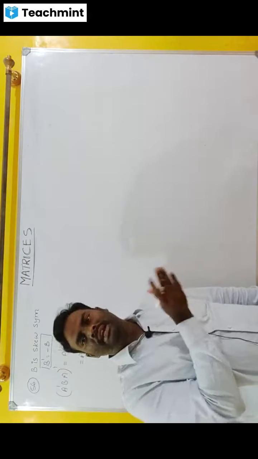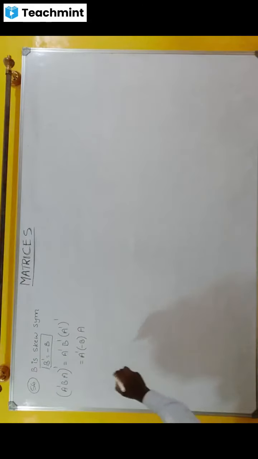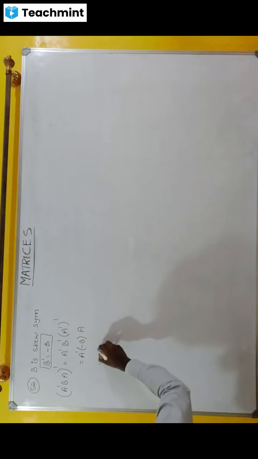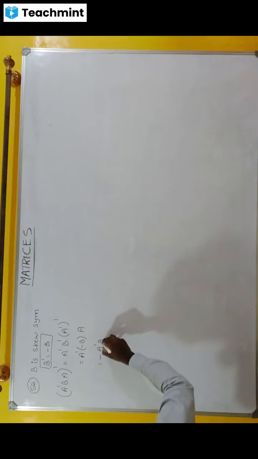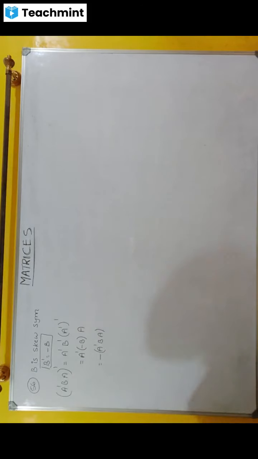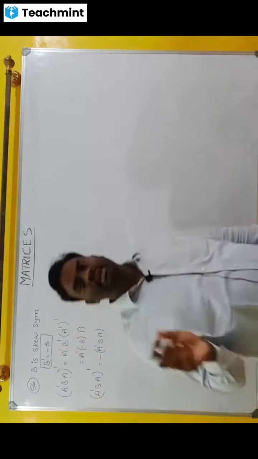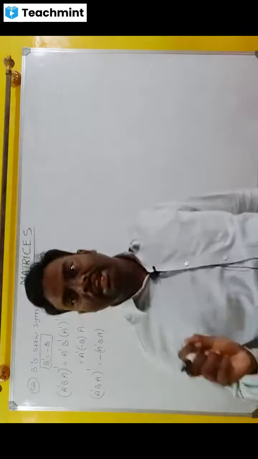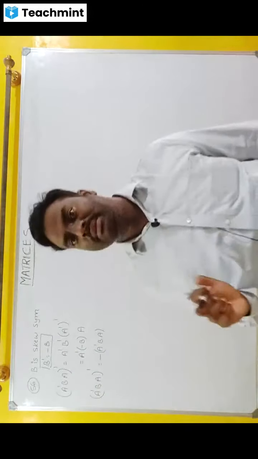This minus I will write in the starting. Then minus of A dash B A. On the left side what do we have? A dash B A whole dash. This is the final condition we got. Observe, in this condition a negative symbol is there.